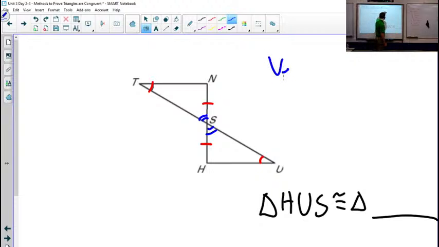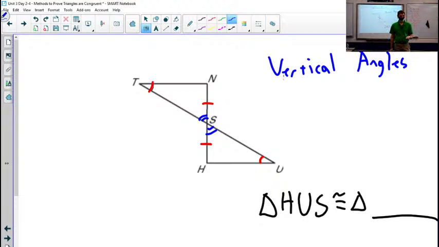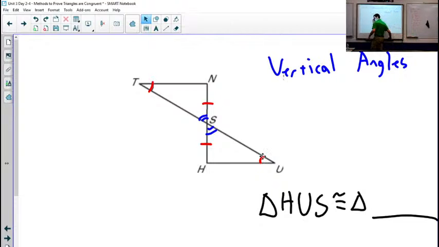These are vertical angles. I'll be putting up some vocab for you to study from so that you can remember what these look like. That's why we talked about vocab so much, because a lot of it's going to come back over the next couple weeks. So these are vertical angles, the angles right across from each other.